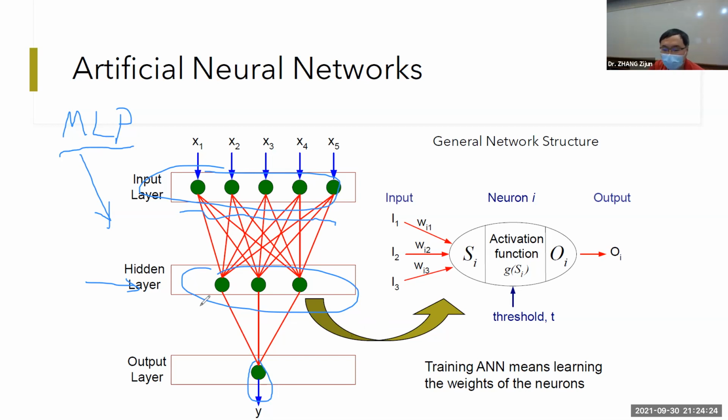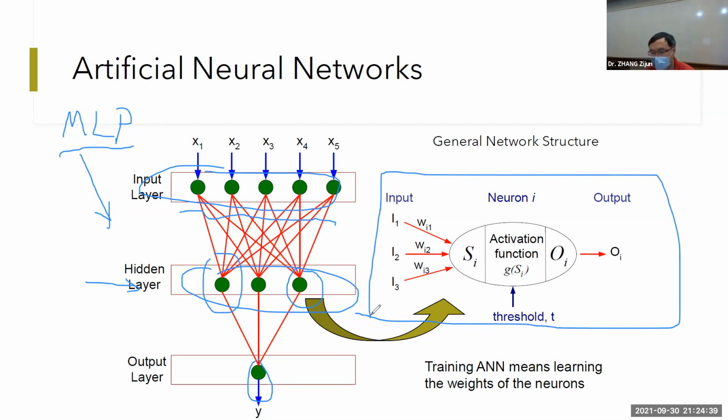So the key point is in the hidden nodes in the hidden layer. Any one of the hidden nodes has such a structure. For example, the nodes here are outputs and they are the inputs.